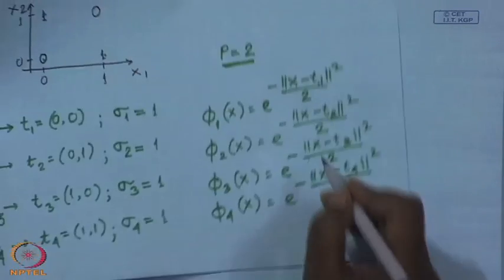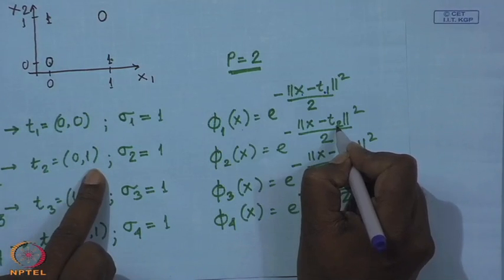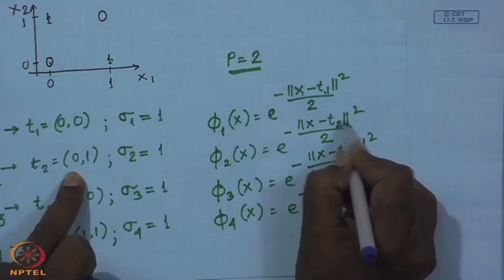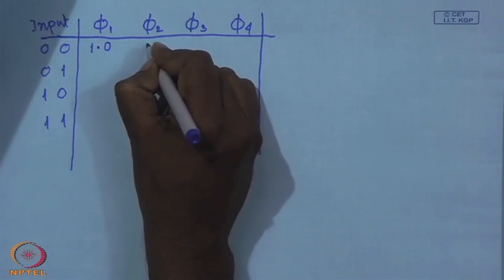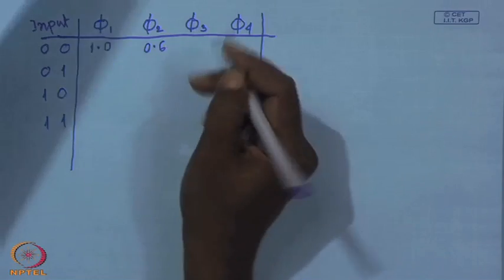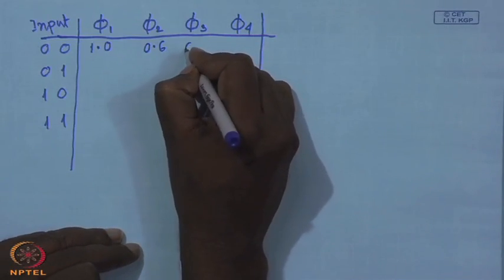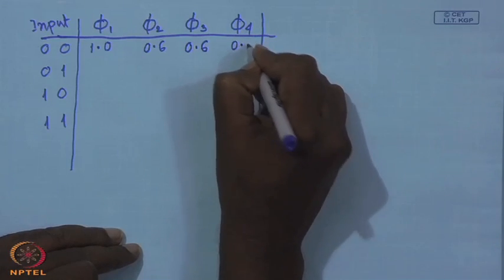Similarly, for phi 2, my x is 0 0, where t 2 is 0 1. If I compute this phi 2 x, you will find that it will be equal to 0.6. Similarly, I will just put the values over here: phi 3 x will also be 0.6 and phi 4 x will be 0.4.